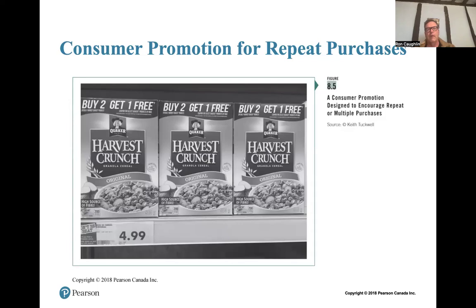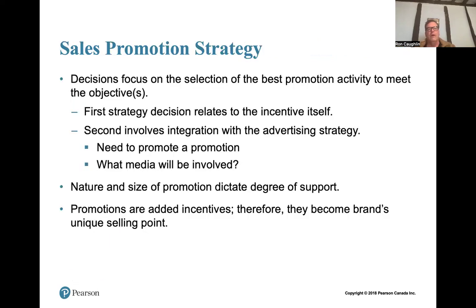Also, you need some decisions on selection for the best promotion activity to meet the objectives. The first thing you need to make a decision on is the strategy decision relating to the incentive itself. What are you going to do? Second involves the integration with the advertising and the advertising strategy.